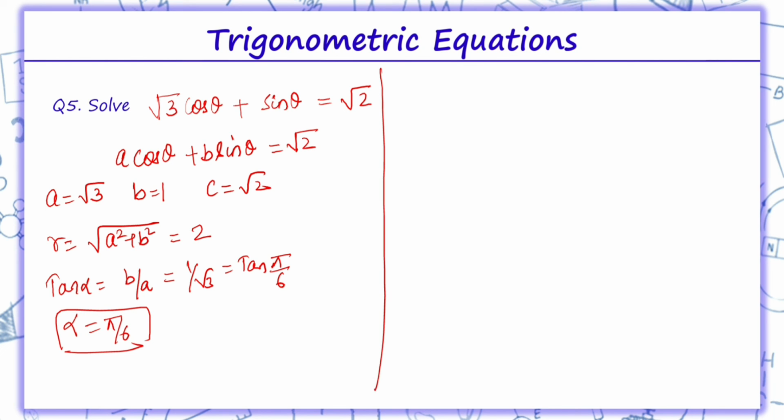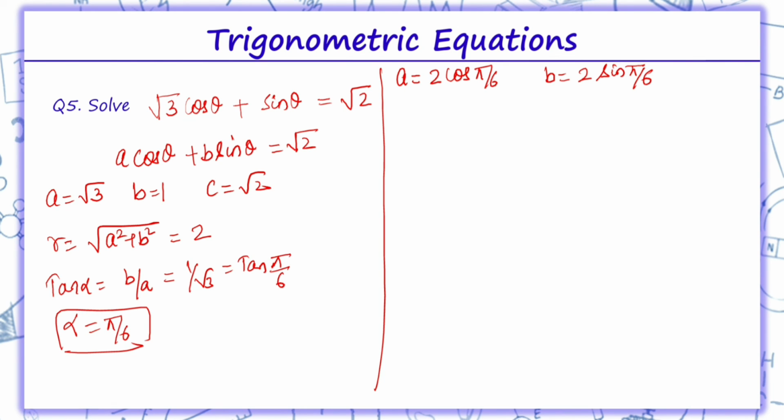Now, as I explained, in place of a we'll write r cos alpha. So a equals r, which is 2, times cos pi by 6. And b will be written as r sin alpha, so r is again 2, times sin pi by 6. Now we'll substitute these values.